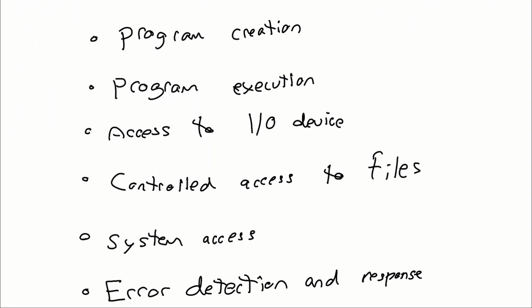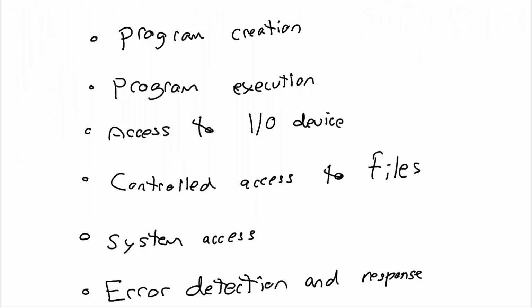Next, we have what's known as system access. That is kind of like logging in to a computer. A computer may have different services and resources available to it, and you may not want to give those resources to just anybody. You want to control who can use a computer to avoid unauthorized access to information or the computer itself.